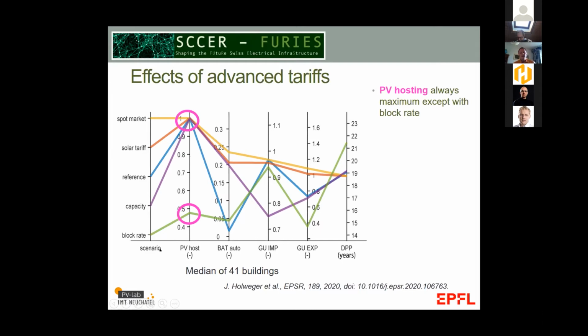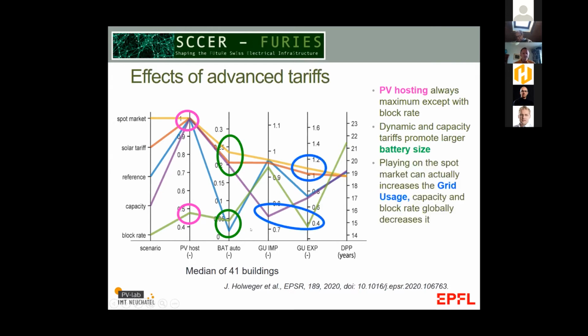Basically, what we were able to see is that PV hosting is always at the maximum, except for the block rate tariff. Dynamic and capacity tariffs usually promote larger battery sizes. So that's the effect of dynamic tariffs compared to flat tariffs.